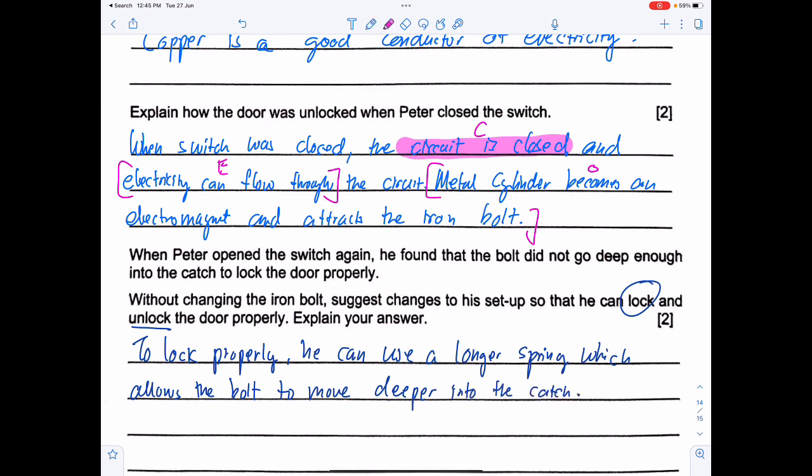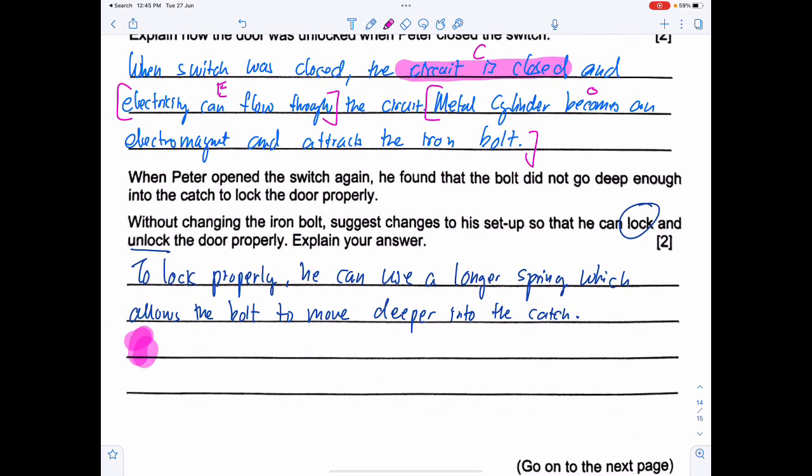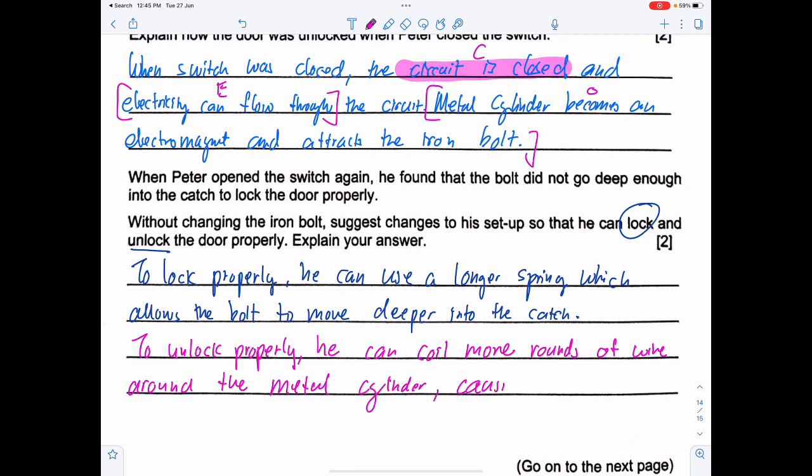And then what about to unlock properly? Now that we use a longer spring, to unlock properly, he can coil more wire or rounds of wire around the metal cylinder, causing it to become a stronger electromagnet.